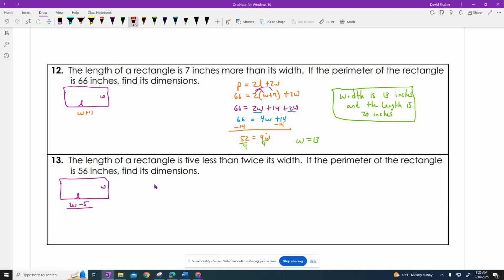That's a 2W there. I still like to write that formula there just so that it might keep everything nice and neat here. 2 times my length plus 2W, and let's get rid of those parentheses.